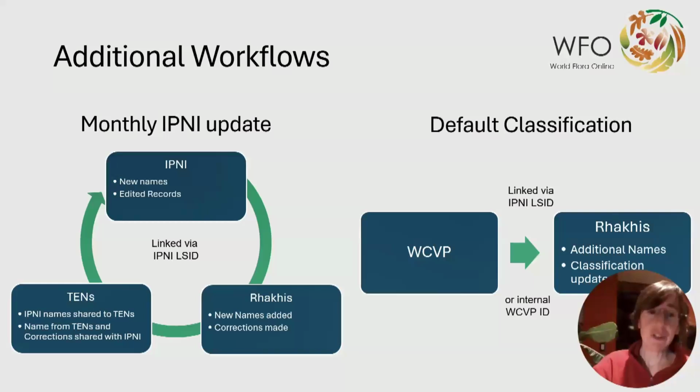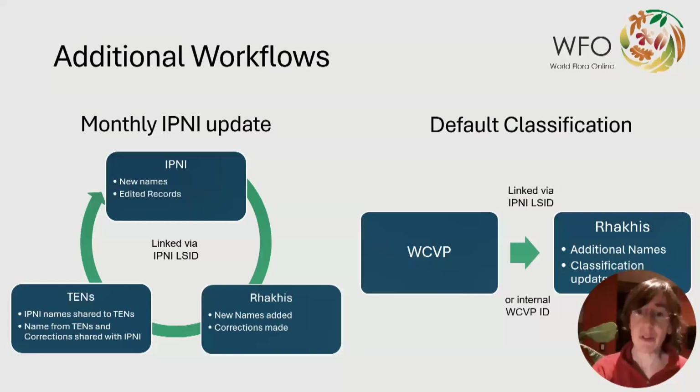He has additional workflows, including monthly imports from IPNI, the International Plant Names Index, through which we bring in new names. These new names are fed to the TENs, who make corrections, and these corrections in turn are fed back to IPNI. We also import our default classification from the World Checklist of Vascular Plants, which is produced by the Royal Botanic Gardens, Kew.